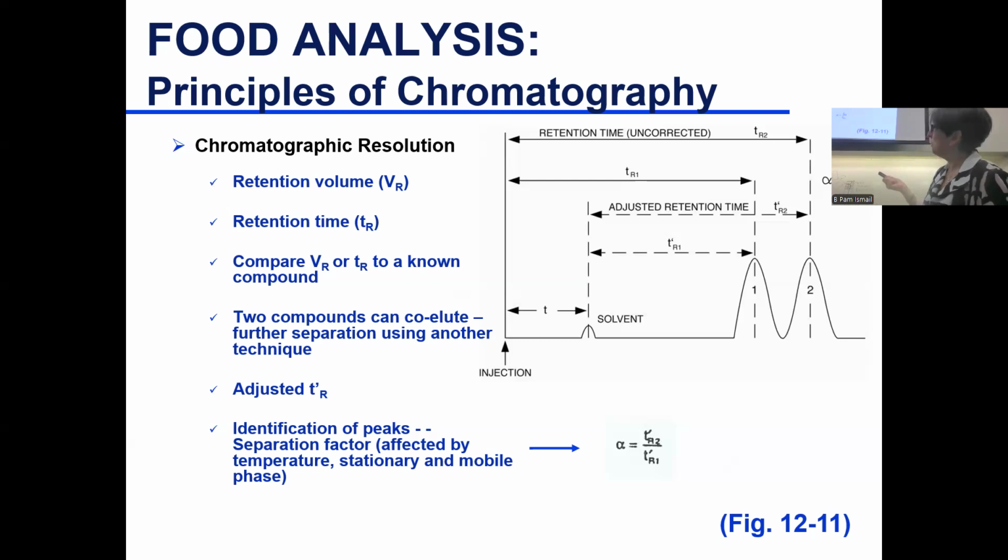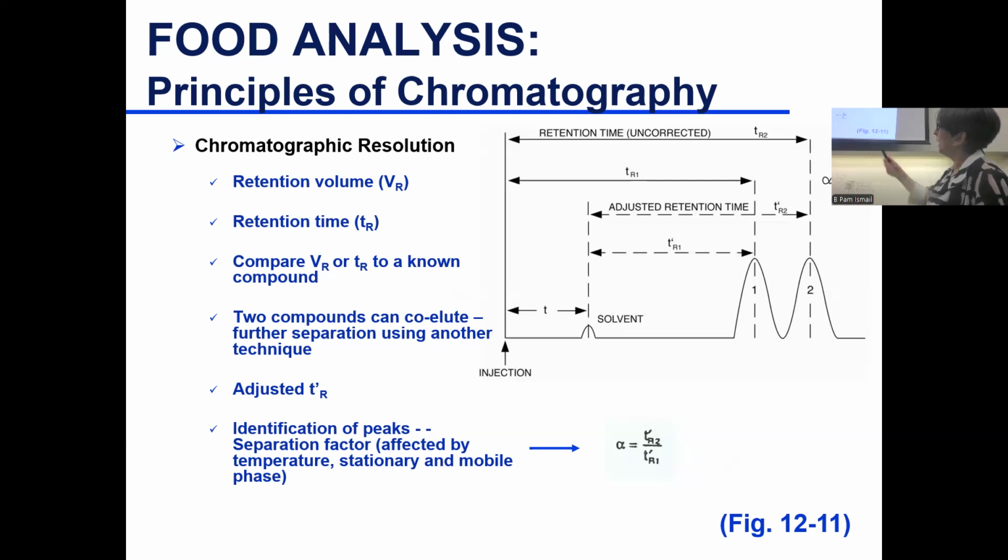The t prime R is the adjusted retention time. The solvent front is usually different from one piece of equipment to another, because you have different tubing size and differences in length that might lead to different retention times for the solvent front.